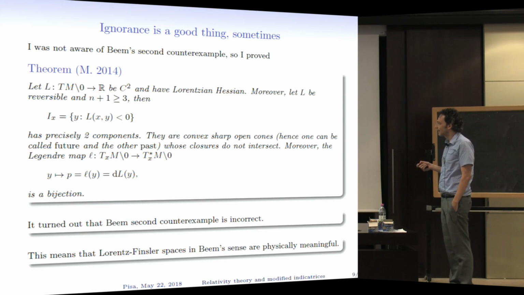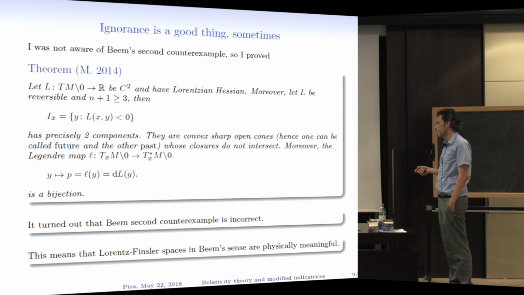because I proved that, in fact, in space-time dimension larger than or equal to 3, if your Finsler Lagrangian is C2 with Lorentzian Hessian everywhere, and it's reversible, then the components are precisely 2. And they are convex sharp open cones whose closures do not intersect.